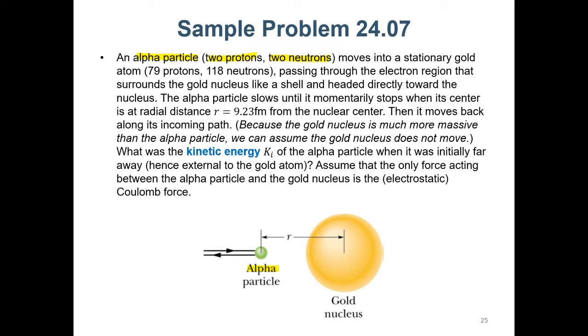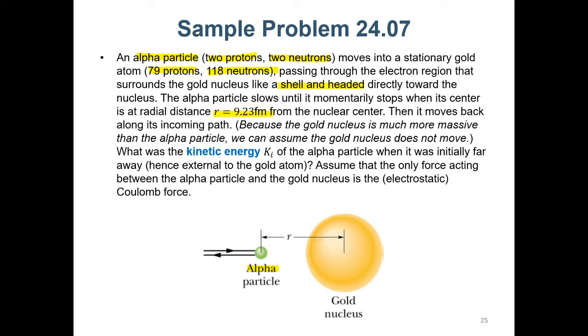So an alpha particle moves into a stationary gold atom. So it is much larger and much heavier. Passing through the electron region that surrounds the gold nucleus like a shell, headed directly toward the nucleus. The alpha particle slows until momentarily stopping when its center is at radius r equals 9.23 femtometer.